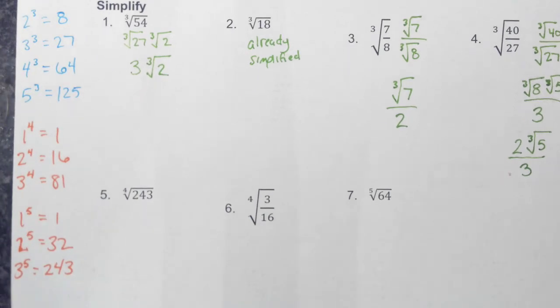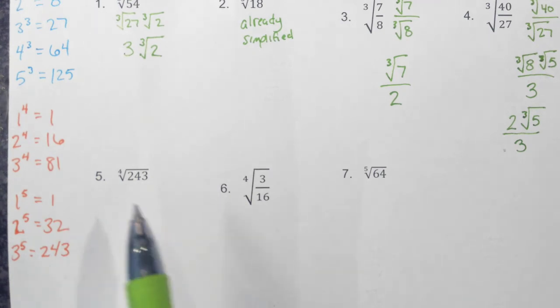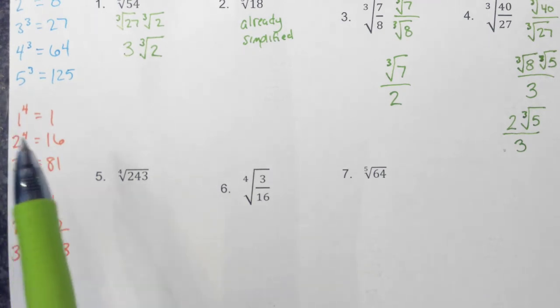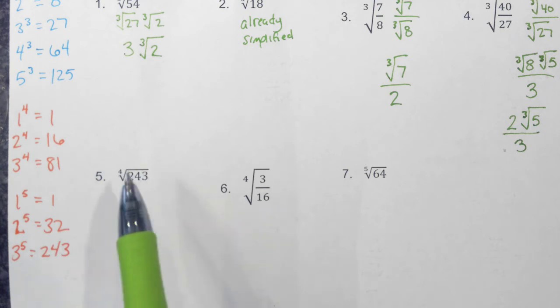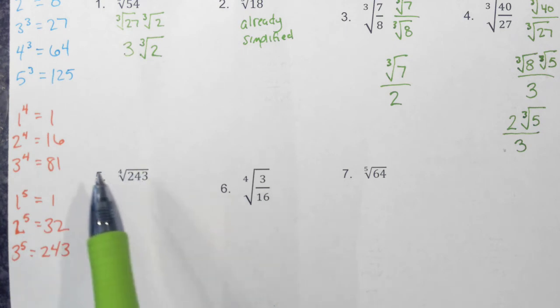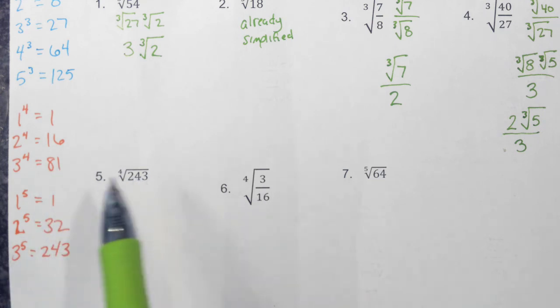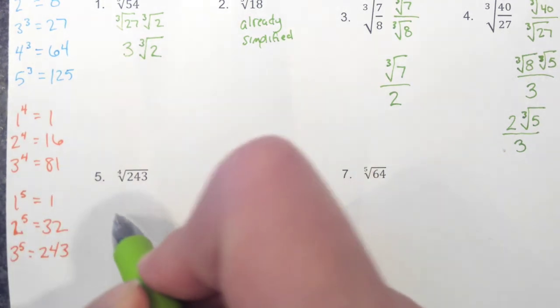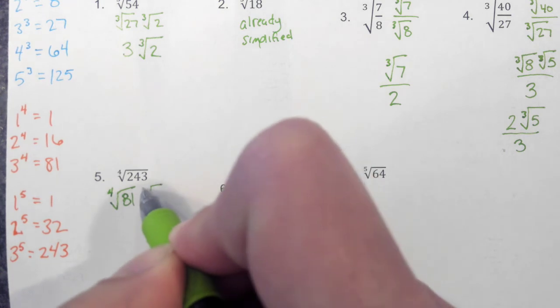All right, number 5 there, our first fourth root. So 16 doesn't divide 243 because it's odd. 81 does because I know that 3 to the 5th is 243. So if you know that, that is really helpful for this. So this one is 81 times 3.